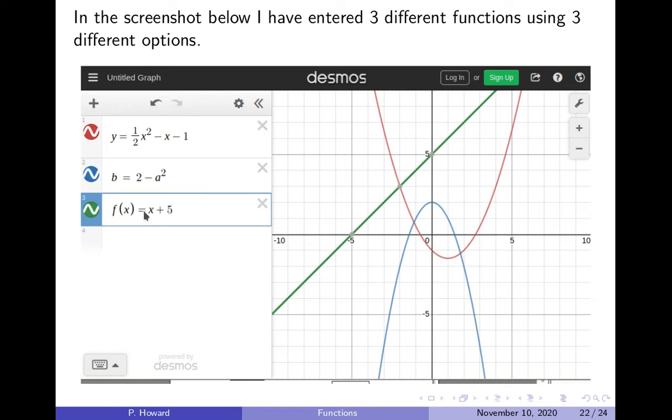I did something fairly simple here. I entered f of x equals x plus 5. This was graphed in green. You can tell because of the green circle here to the left of box 3. And it's this straight line that appears on the Desmos graph in green. So when you are graphing, my recommendation is to use Desmos, although Graphing Calculator will certainly work.